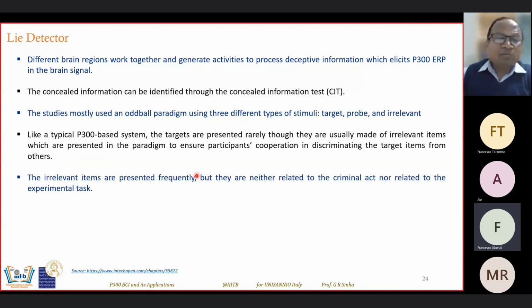The irrelevant items are presented frequently, but they are neither related to the criminal act nor related to the experimental task. There may be some non-criminal acts which are not related to the crimes for which he has been booked, or some other experimental task. Something which is irrelevant is presented frequently.